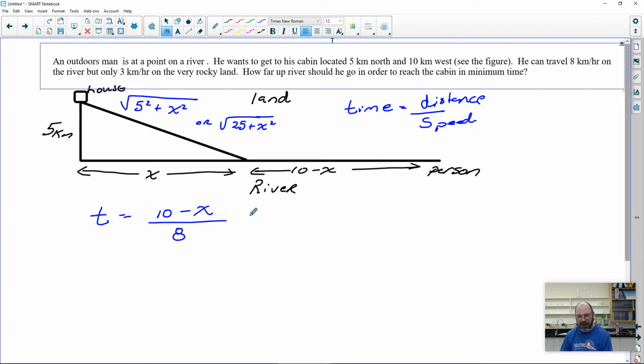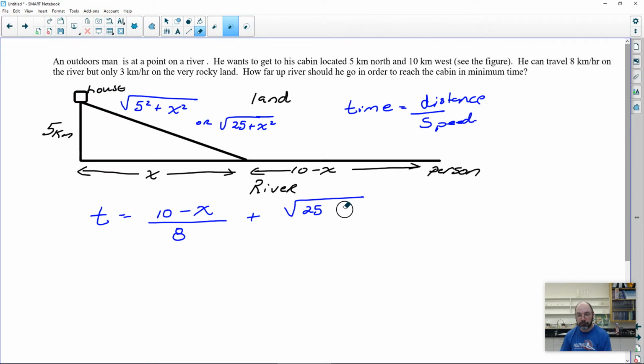And then he's going to take time to walk across the rocky land. That distance is the square root of 25 plus x squared, divided by his speed on the very rocky land, which is just 3. So there's our equation for time.